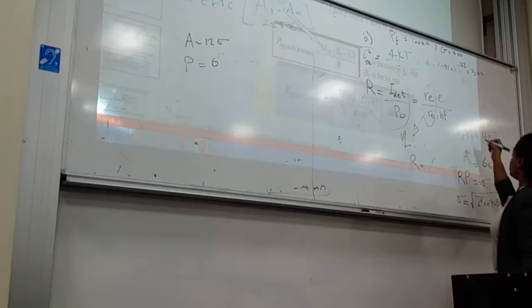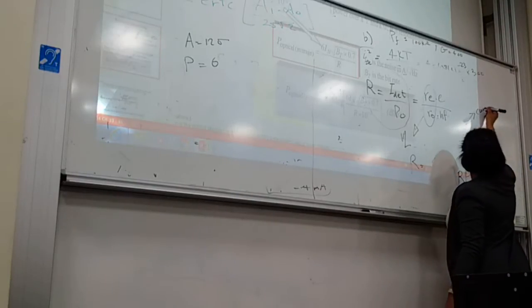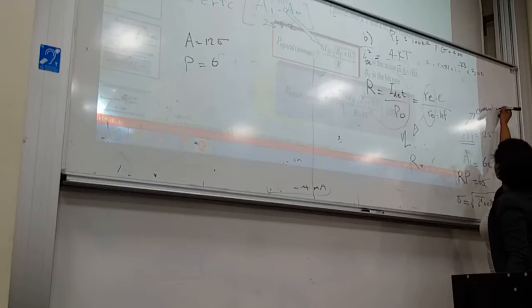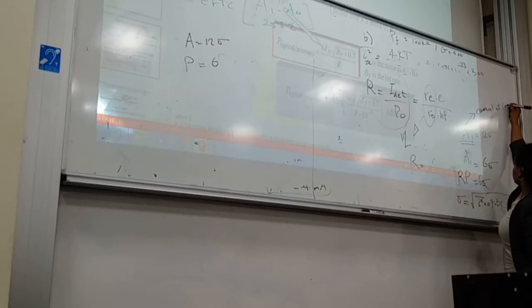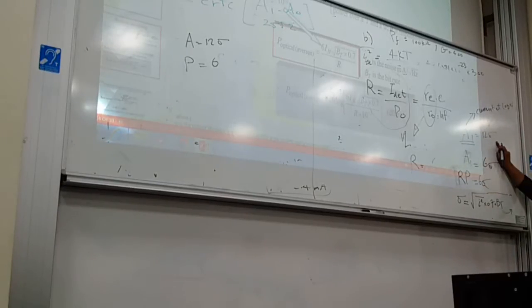So A1, sorry for that confusion. A1 is the current at logic 1. And we found that the current at logic 1 is equal to 12 sigma, 12 times the noise.